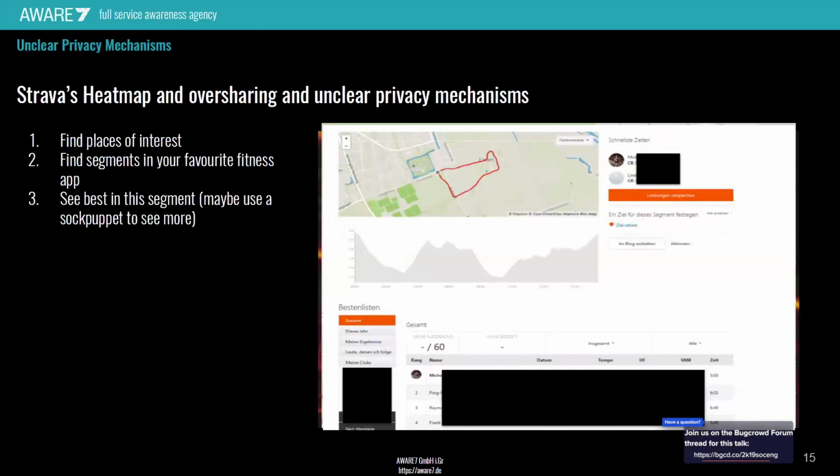But this is pretty hard to achieve, at least in our favorite fitness app, because of the way the UI and the UX is designed. And so therefore it's pretty hard for people to hide.